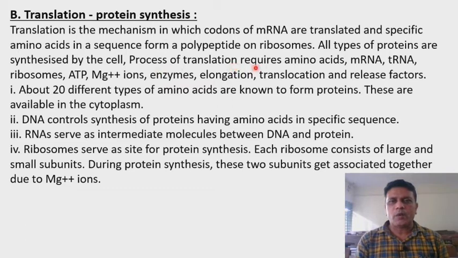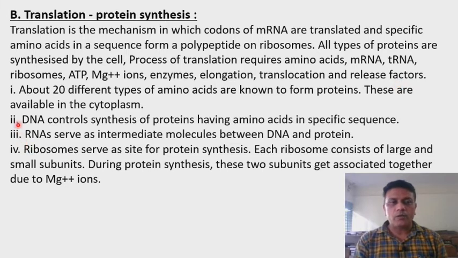The process of translation requires amino acids, messenger RNA, tRNA, that is transfer RNA, then rRNA or ribosomal RNA, which is present inside the ribosomes. Then it requires ATP, adenosine triphosphate, Mg++ ions, different types of enzymes, and elongation, translocation and release factors. So these are all the requirements for protein synthesis.